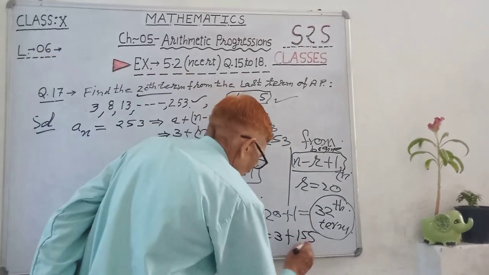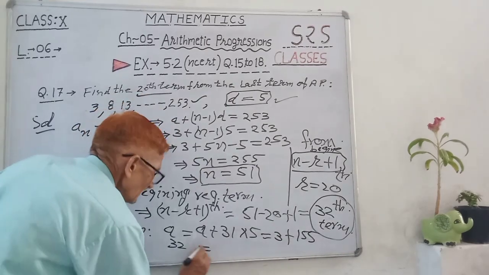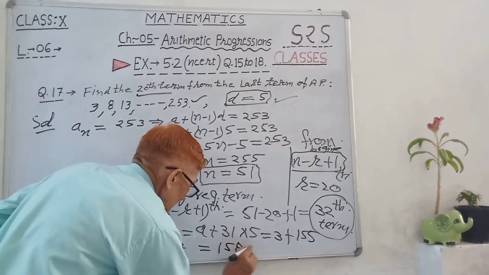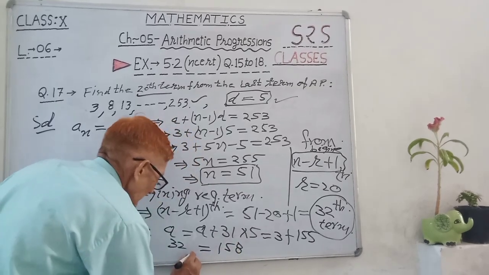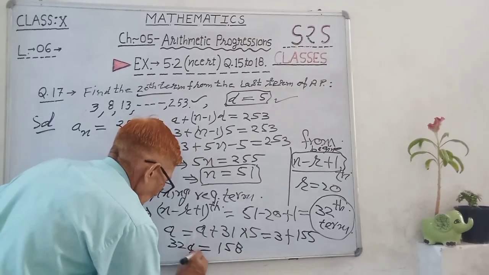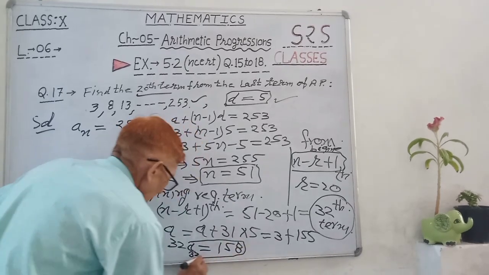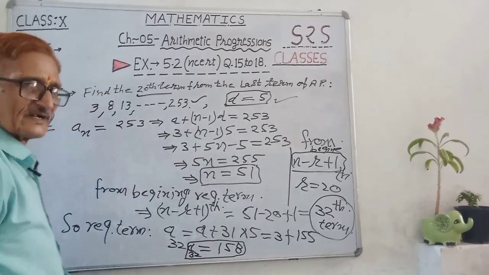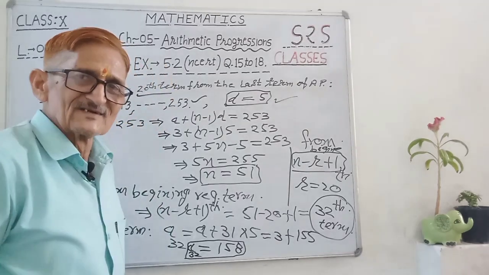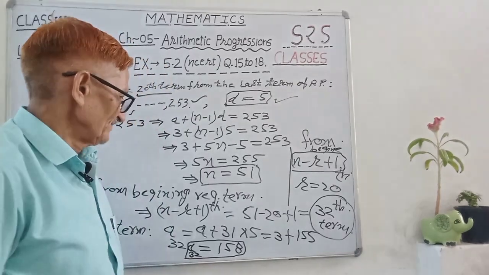So 3 plus 155, add, then 158. This will be the required term A32, and by another method, the last term L, L20, it will be the same.